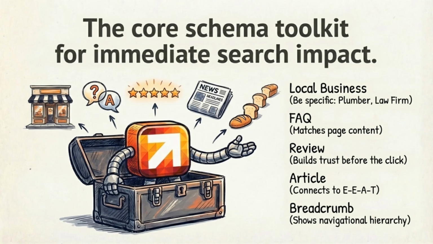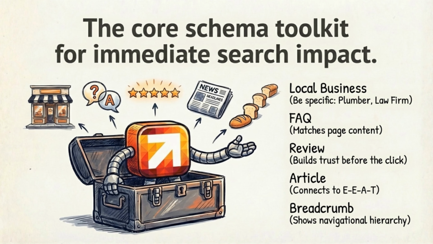Article and blog posting. For content heavy sites and blogs, article schema helps Google understand publication dates, authorship, and content type. This connects directly to EEAT: experience, expertise, authoritativeness, trustworthiness. Attributing content to a real author with a knowable background is part of how Google evaluates the credibility of your content.